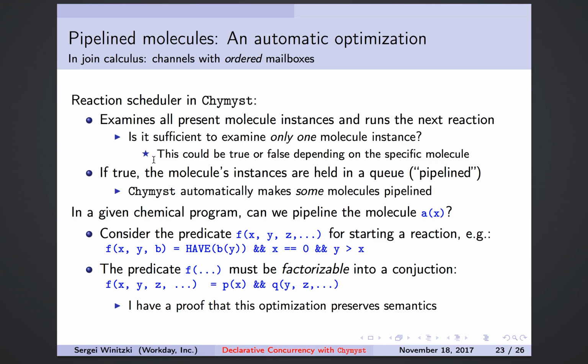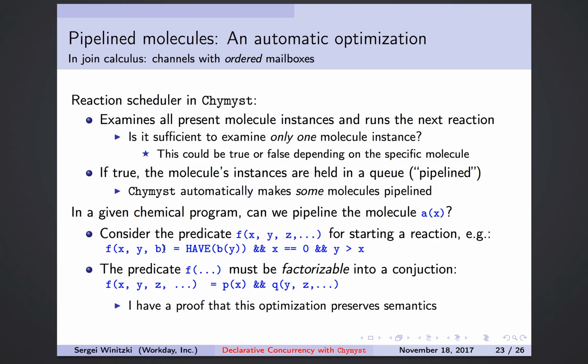To understand this, we need to consider the condition for starting a reaction as a predicate, as a function that returns true or false, the Boolean function. This function depends on values x, y, z. For instance, if we have a reaction with A and B reacting and conditions for x and y, then this could be this predicate.